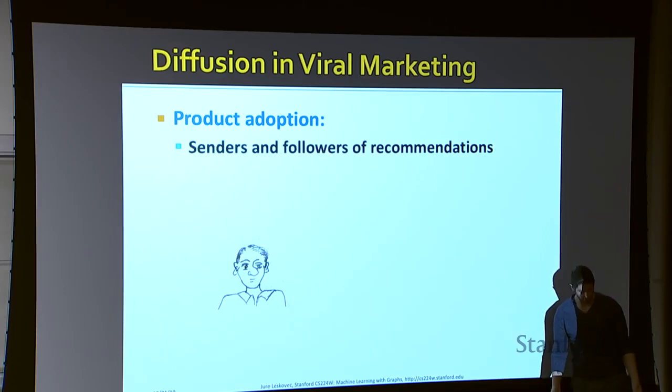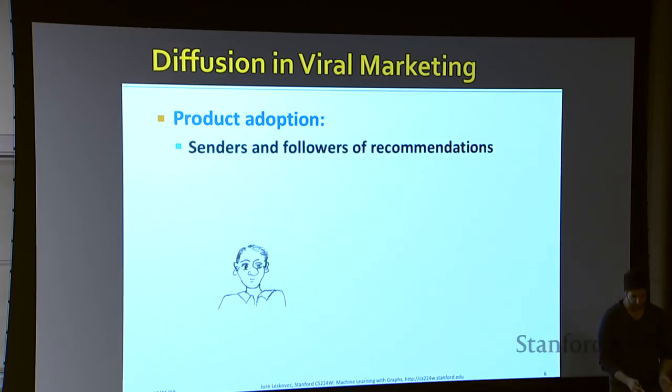Now, few of the examples that I just mentioned have a big impact in terms of revenues for companies. They're more in terms of social phenomenon. Now let's think about how viral marketing works. This is very important for companies that are selling products, especially expensive ones.